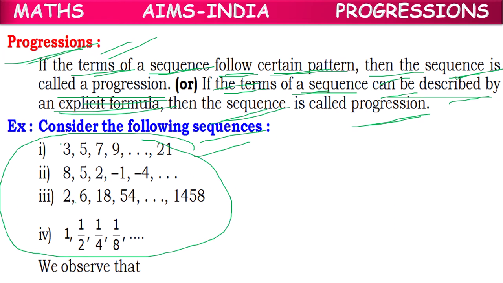First one, 3, 5, 7, 9, and so on up to 21. In this, what formula is involved in this sequence?